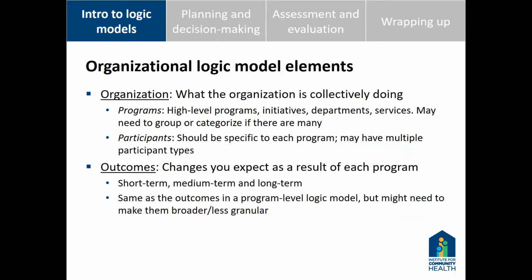That's really going to be up to the particular agency that's working on that, but think about what types of activities are being done, how do you bucket them together into broader categories, and then what are those broader programs achieving in the outcomes.